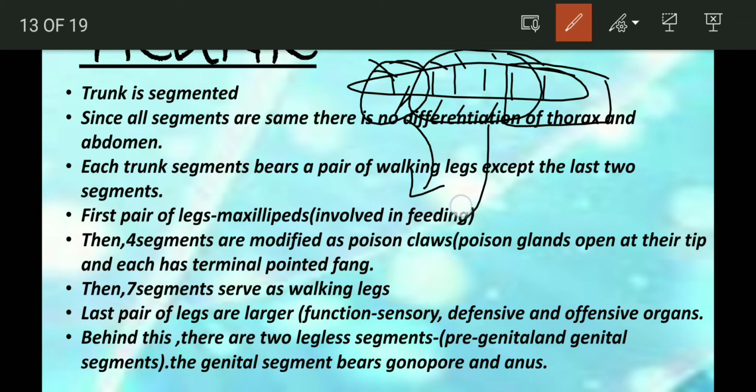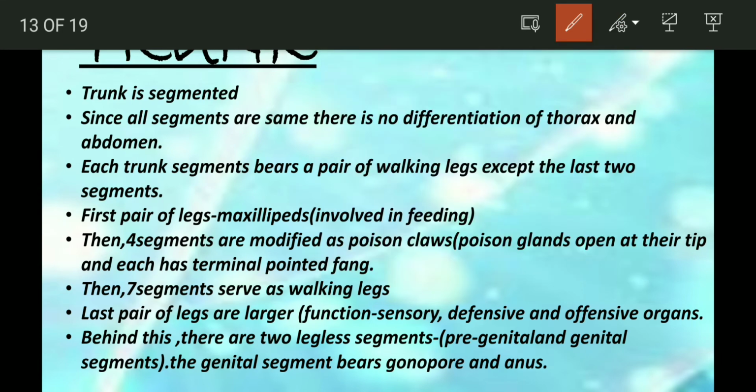As we have told, this is a gland to basically protect themselves from enemies, right? Poison glands open at the tip and each has a terminal pointed fang. Then the seven segments serve as walking legs, and the last pair of legs are larger. Their function is mainly sensory, defensive, and offensive.